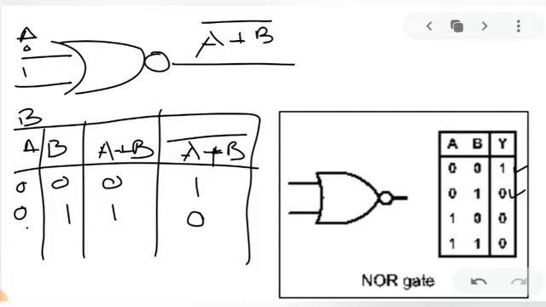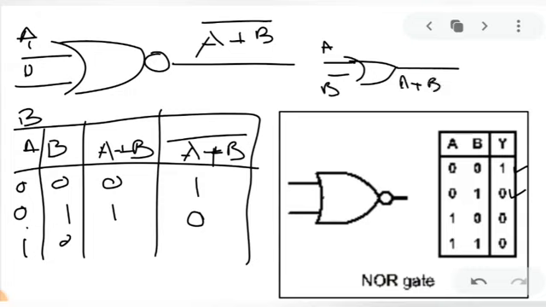So here we get 0. This table is generally as I told you earlier: A, B, here A plus B, and this complete gate is followed by the NOT gate. So we have shown this complete truth table for it.